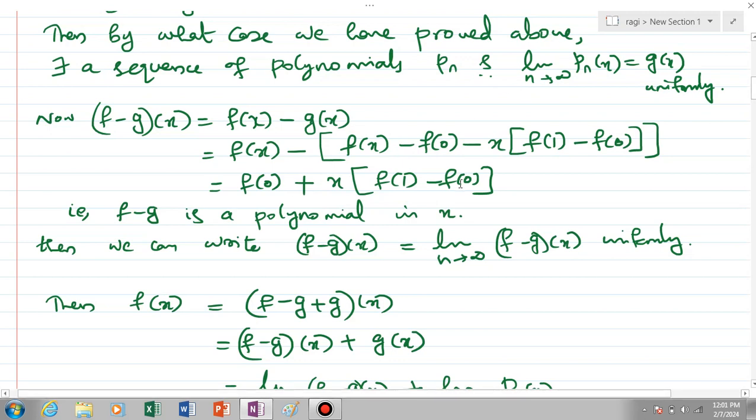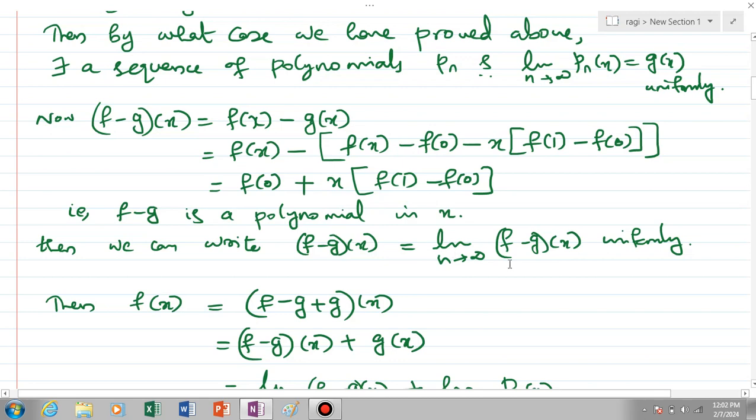Here f of 0 is a constant and f of 1 minus f of 0 is again a constant. So clearly this is a polynomial in the variable x. That is, f minus g is a polynomial in x. Then we can write (f minus g) of x is equal to limit n tends to infinity of (f minus g) of x uniformly.